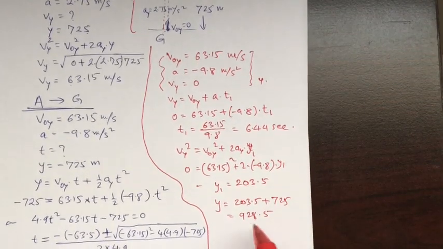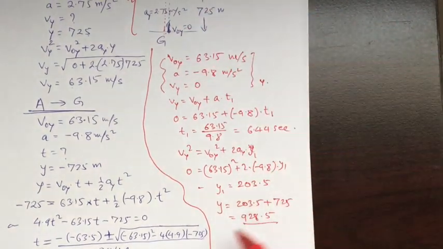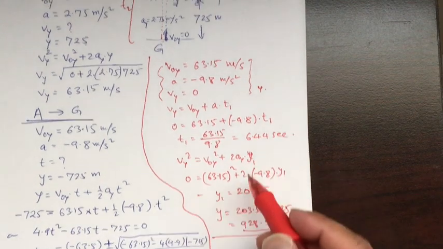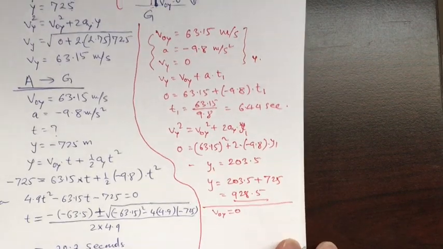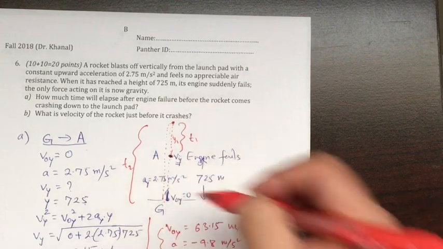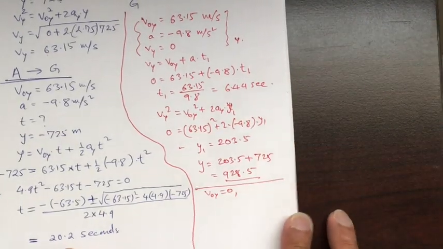Okay, so now once you have this distance, you can get the total time t2. Here are the clues. Your v0y will be 0, right? At the starting point, v0 is 0.